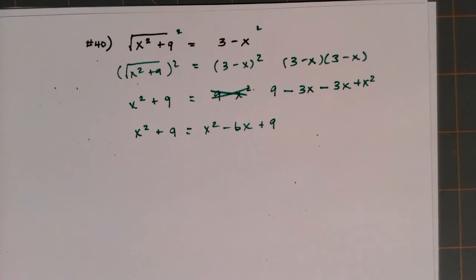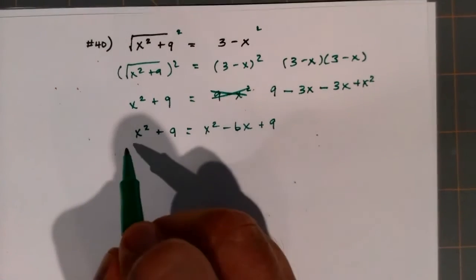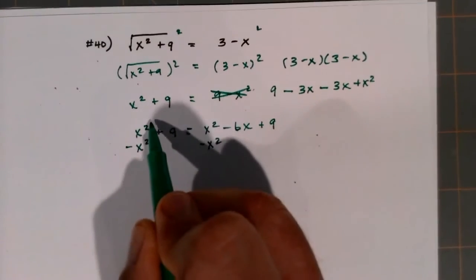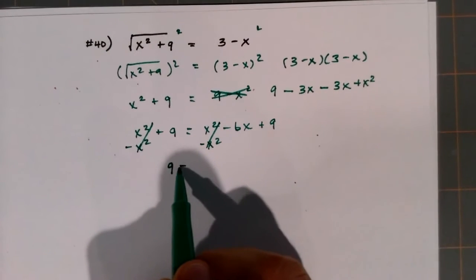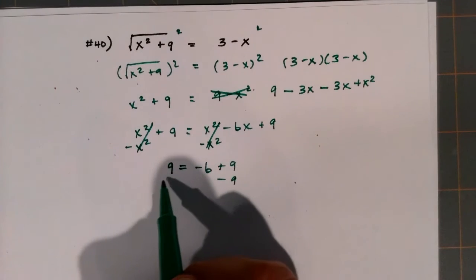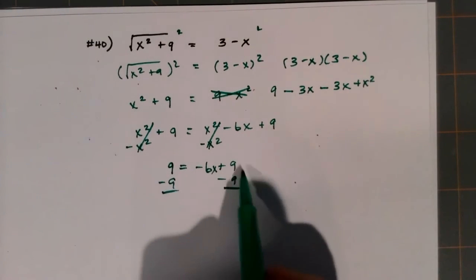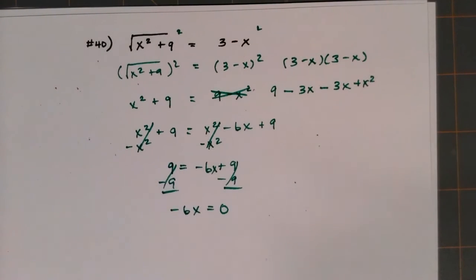Now, this is where you can make this problem really, really hard by making you have to factor and do crazy things to solve, okay? Instead, I think what I would do is just subtract x squared from both sides, right? And so nice thing here is all the squares disappear, and I get 9 equals negative 6x plus 9, and now I subtract 9 from both sides, and I get negative 6x equals 0.